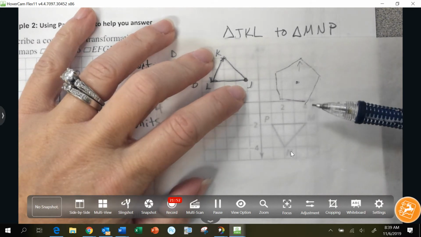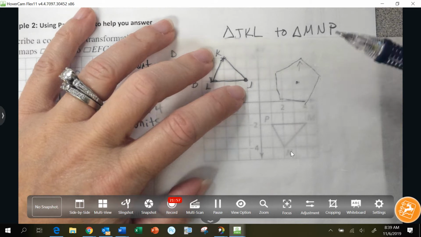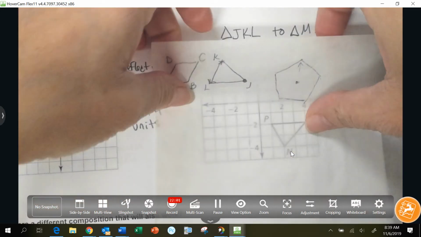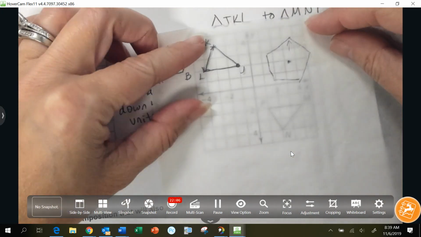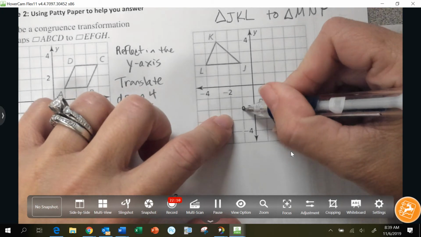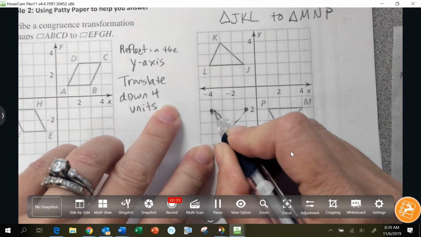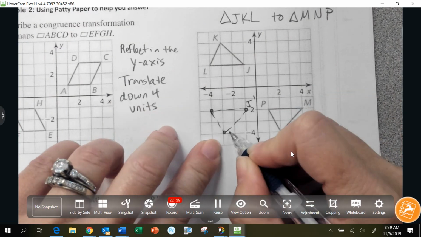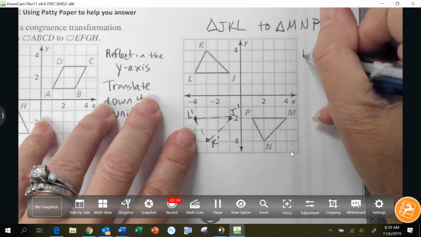I walked around the room, and you guys, I saw 2 different answers, and both of them were great. I saw a lot of people that said, let's reflect in the x-axis first. So we reflect in the x-axis, and actually a lot of you just drew it here, which is great. So this would be J prime, this would be K prime, and this would be L prime. So reflect in the x-axis.